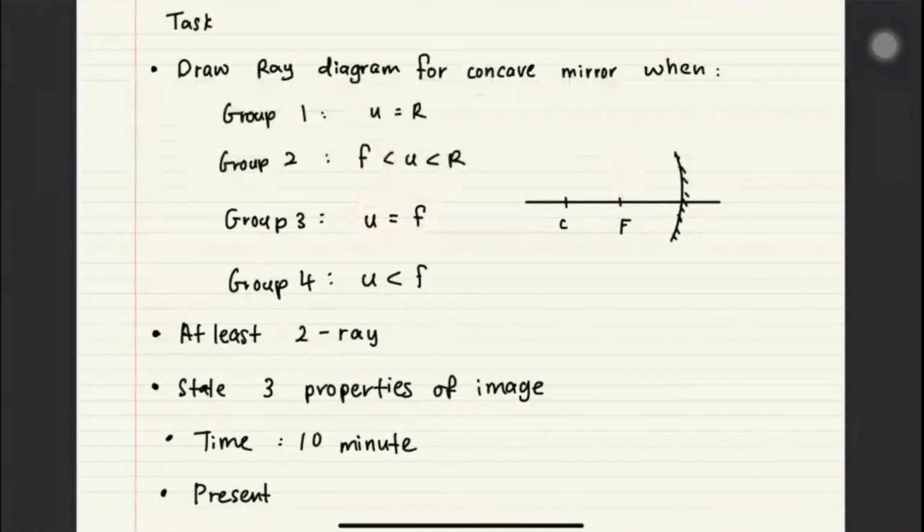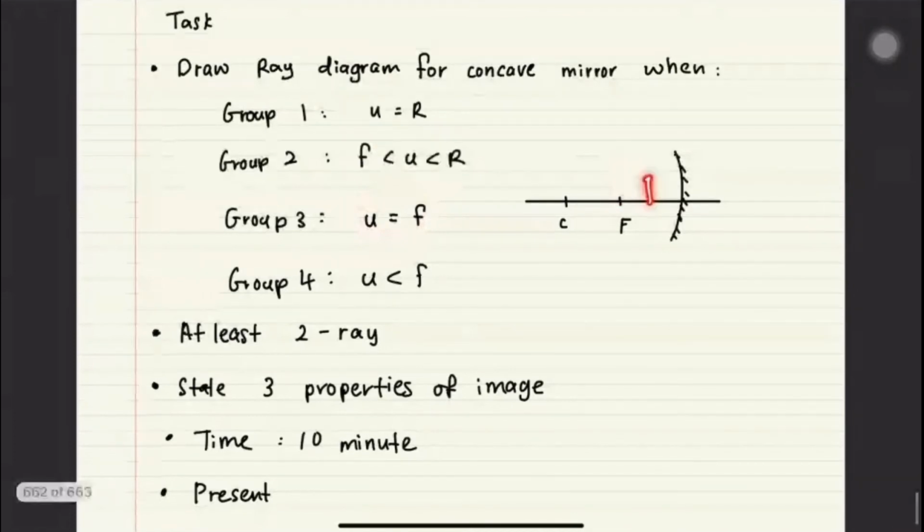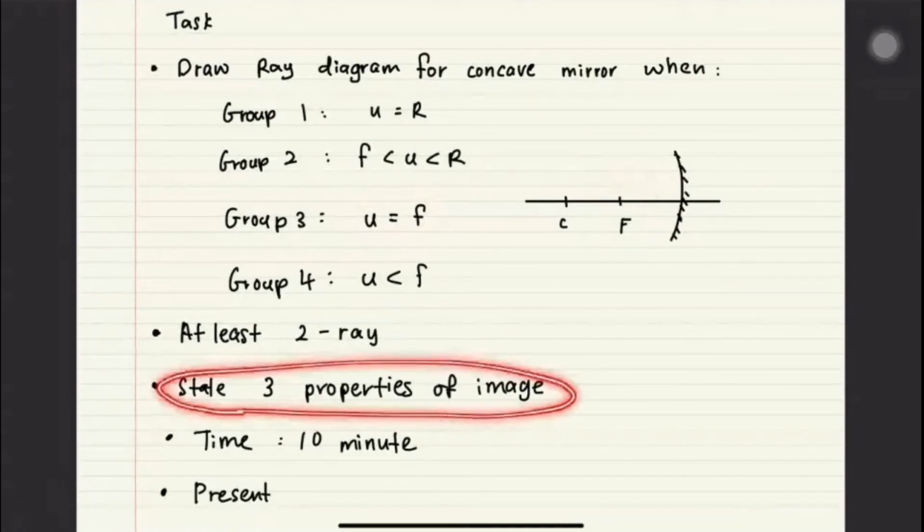Draw at least 2 rays. You have to state the 3 properties of the image. So discuss with your friends and state the 3 characteristics. If you have time, we choose randomly and you present. The time given will be 10 minutes. If you can do it faster, it will be better.